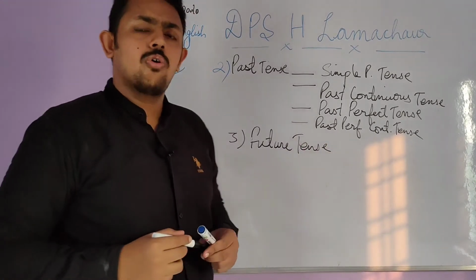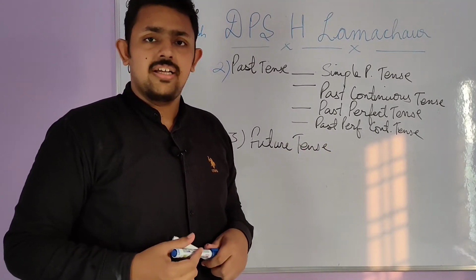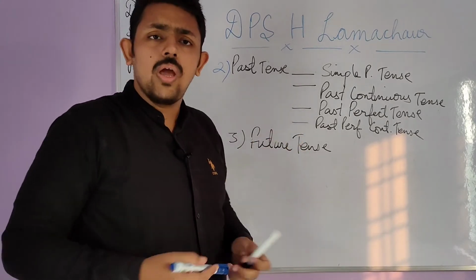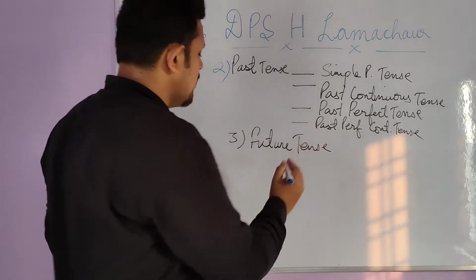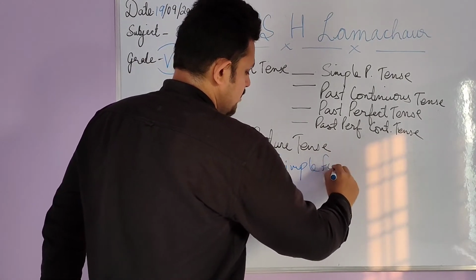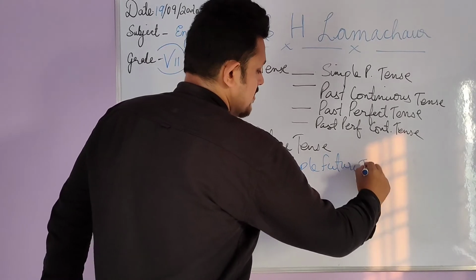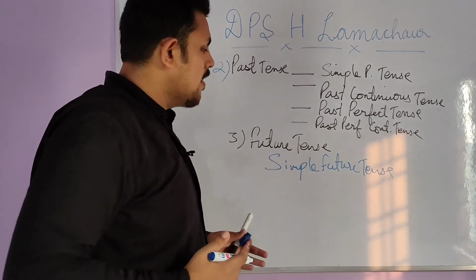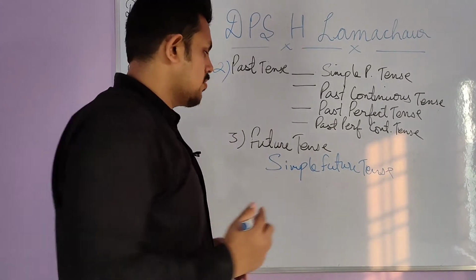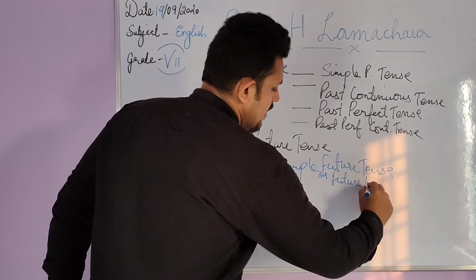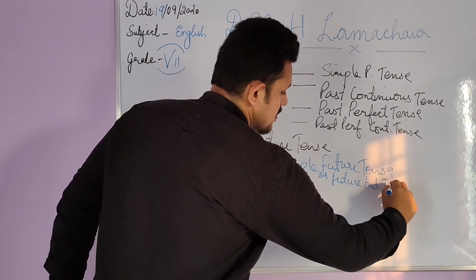So what will be the four forms? Any strange thing? No, it is just the simple way we have been doing. Firstly, we will put simple future tense, or the future indefinite tense.